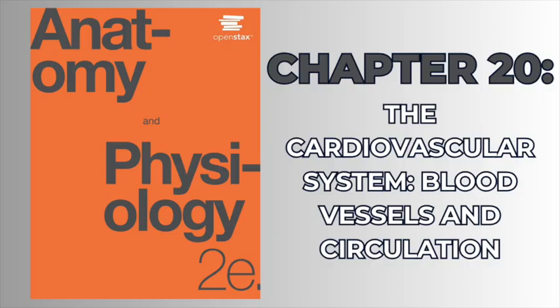Medial plantar artery arises from the bifurcation of the posterior tibial artery, supplies blood to the medial plantar surfaces of the foot. Lateral plantar artery arises from the bifurcation of the posterior tibial artery, supplies blood to the lateral plantar surfaces of the foot. Dorsal or arcuate arch formed from the anastomosis of the dorsalis pedis artery and the medial and lateral plantar arteries. Branches supply the distal portions of the foot and digits.